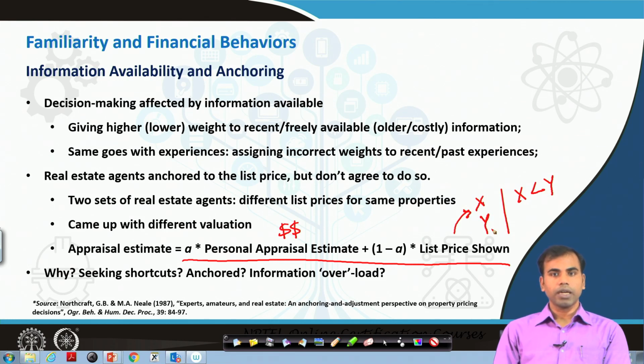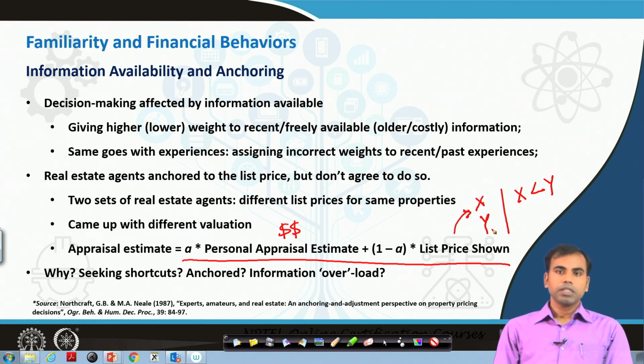They might have been anchored to certain information which they had access to, or they might have had information overload, because of which they started seeking shortcuts, and the best shortcut was their own evaluation plus some anchor coming from list prices.